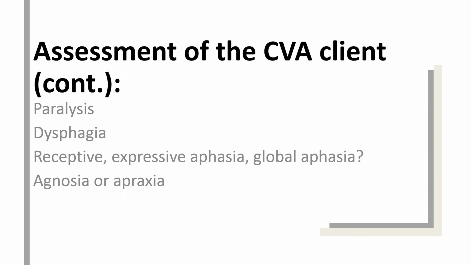Dysphagia is difficulty swallowing. Aphasia is loss of ability to comprehend language or speak it. And there are 3 types of aphasia. We have receptive, when the client cannot understand written and or spoken word but can speak it. In expressive aphasia, they have difficulty speaking but can understand what is said to them.